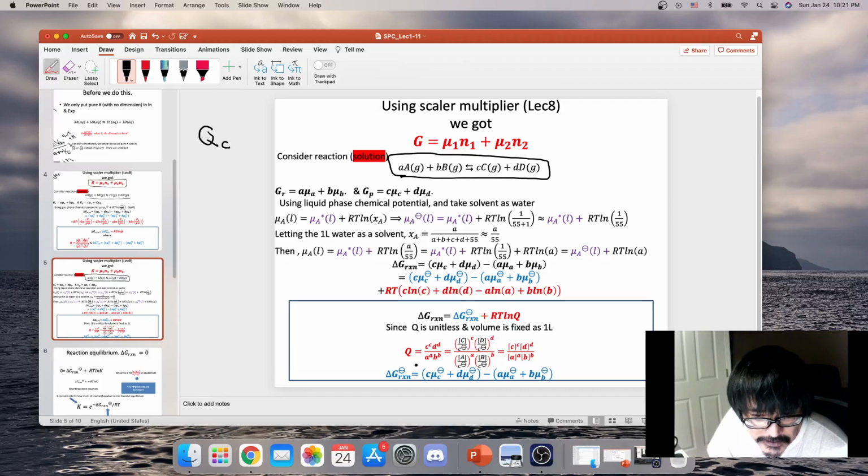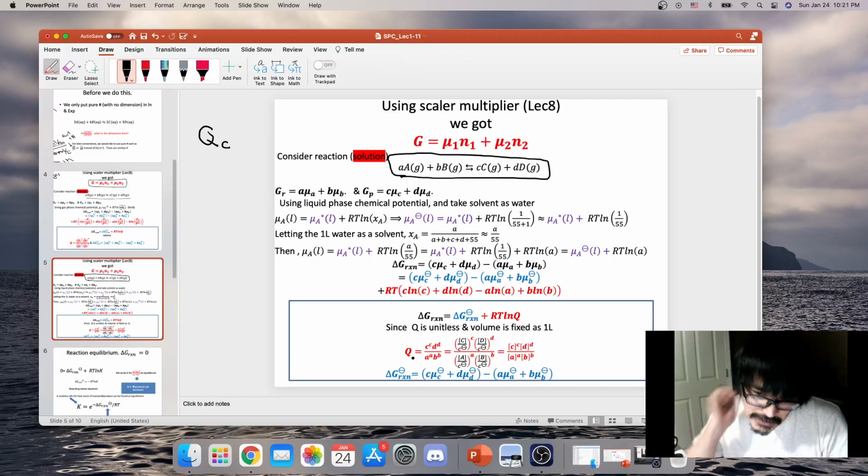And that one is the reaction quotient inside of solutions. I apologize for this, but there are so many things that I wanted to clarify. In many of the textbooks that I saw, there are some issues with it, because sometimes you have these things as the standard, and inside of the liquid, the standard is defined as one molar solution, right? So I just wanted to adjust all of those things into this form right here.